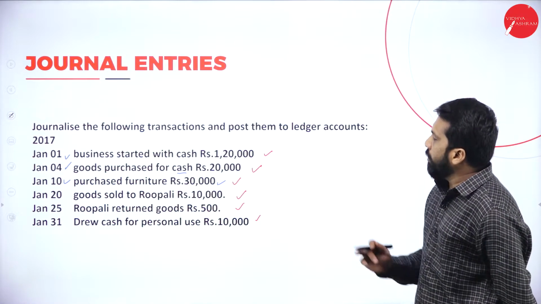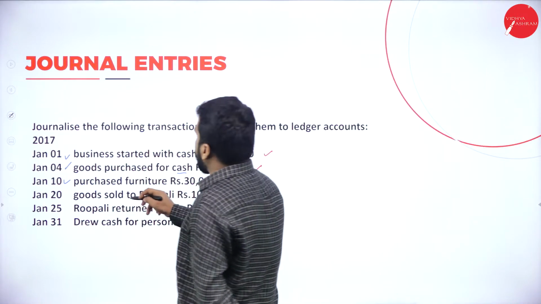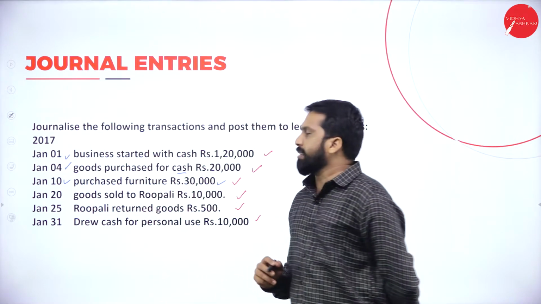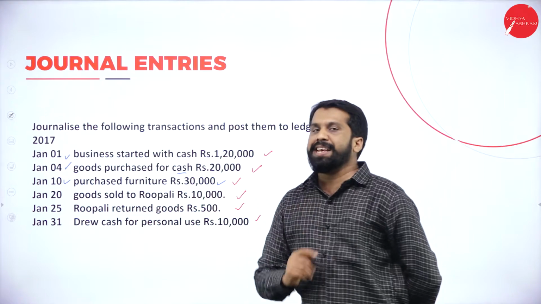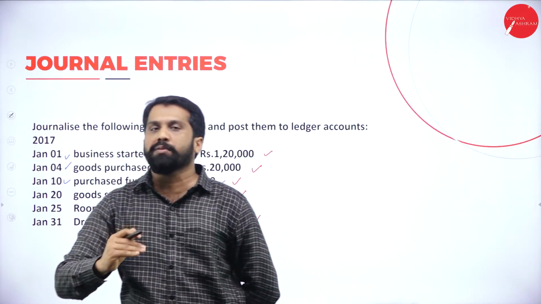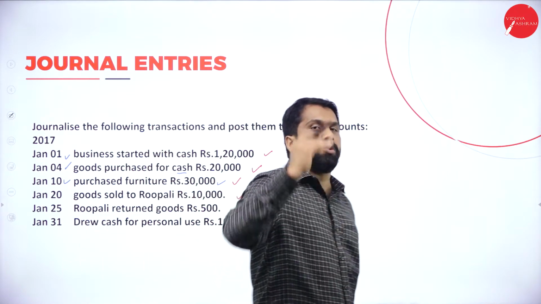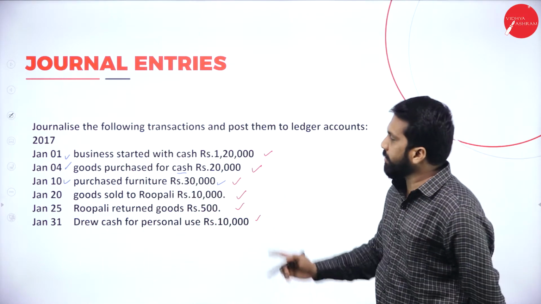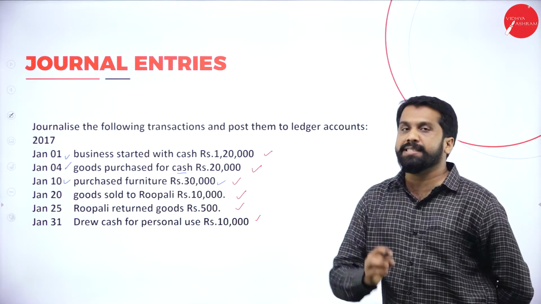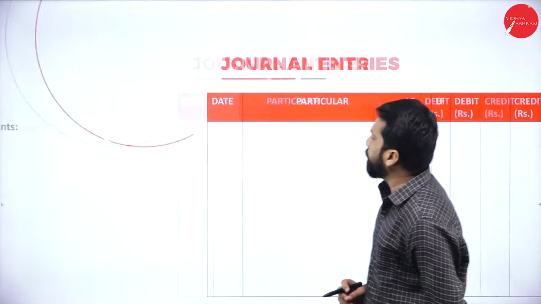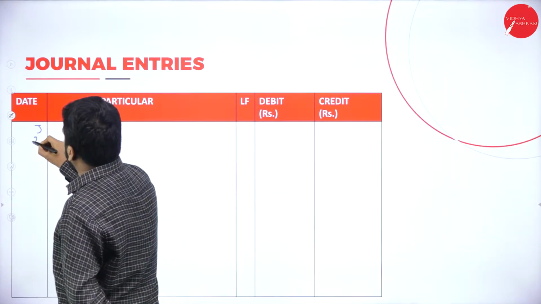Now, what is the next one? Goods sold to Rupali, rupees 10,000. Sold means what? Sales. Sales always up or down? Sales always down. To whom you sold? Rupali. Rupali account debited to sales. What is the date? Date is January 20th. Now, January 20th.